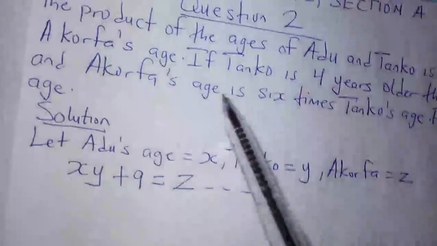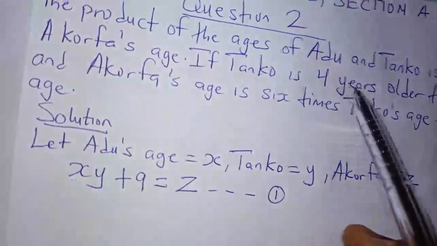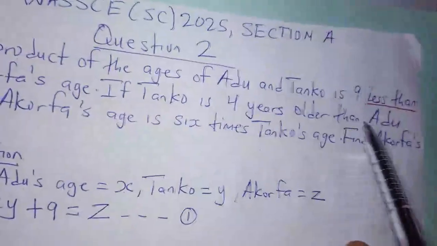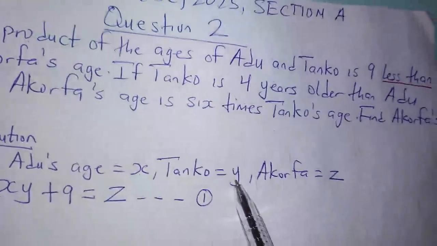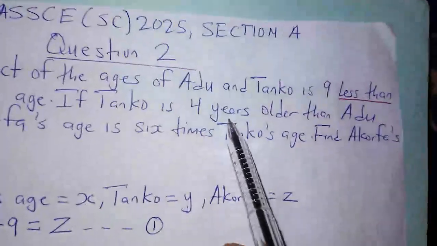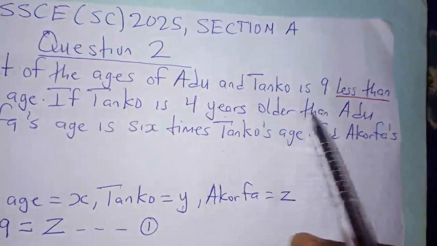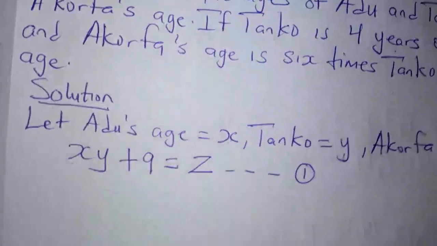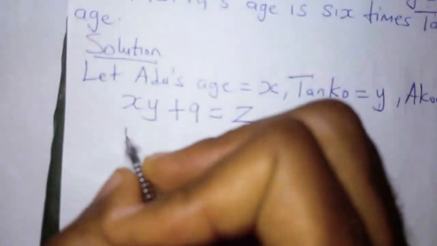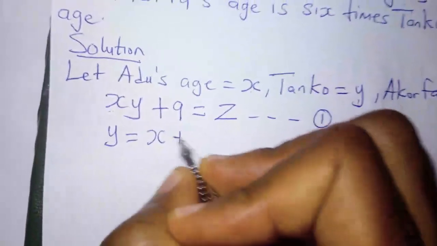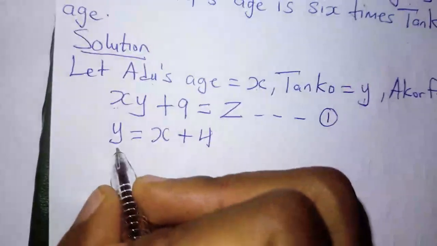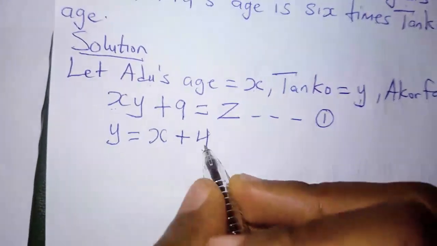Then let's continue. If Tanko is 4 years older than Adu, Tanko, remember we said that's y. So it means if y is 4 older, that's 4 more than Adu, x. What does that mean? It means y is equal to x plus 4, y is 4 more than x.